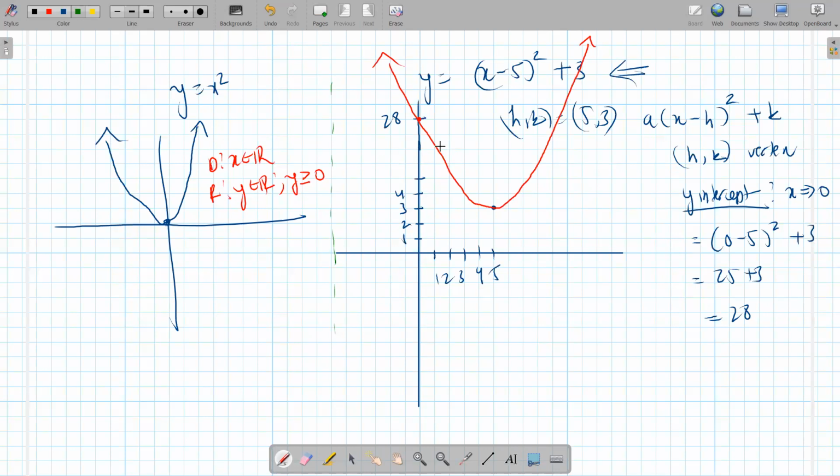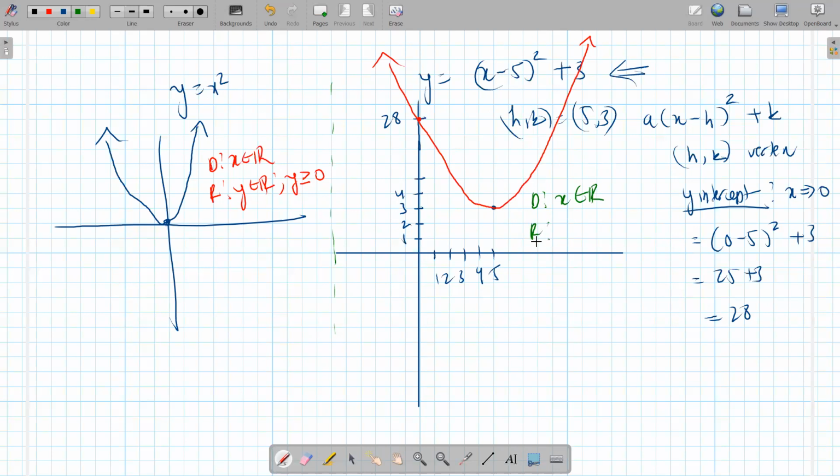Now we can do the same thing for the transformed function. Right here, this point is 5, 3. What is the domain for this one? The domain is going to be x ∈ R. Correct. What about the range?